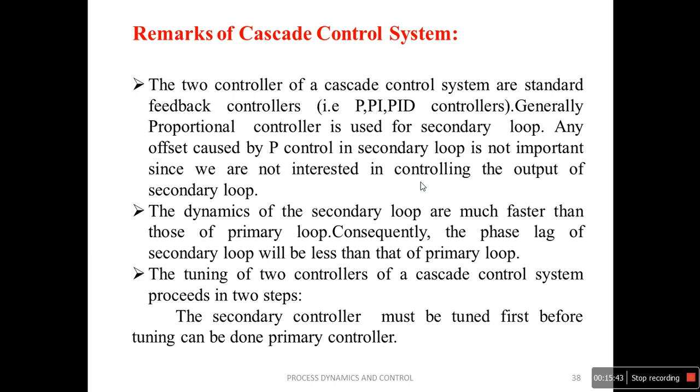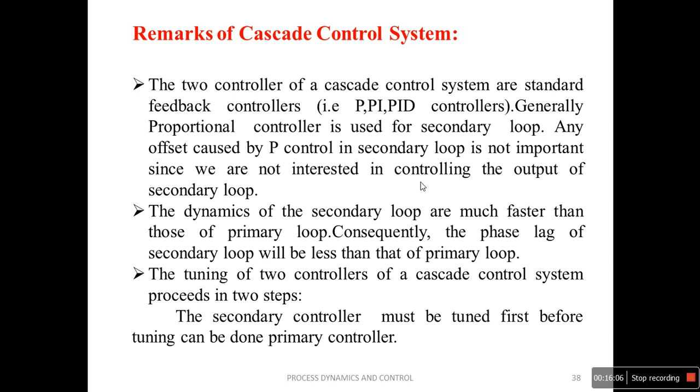It may deviate from the set point. So we want to take control such that the effect of the coolant temperature is not felt by the process. To get that, the phase lag of the secondary loop must be less than that of the primary loop.